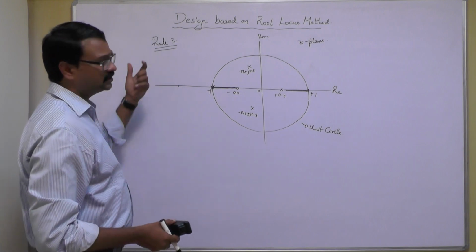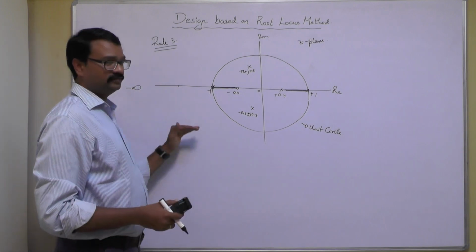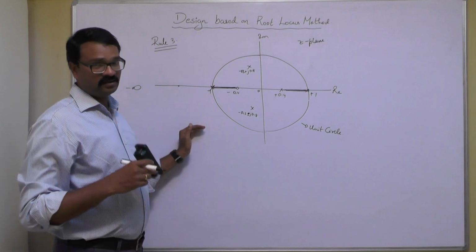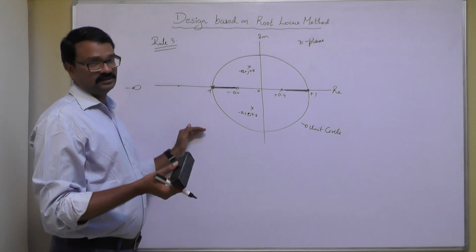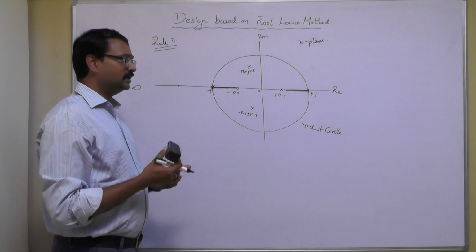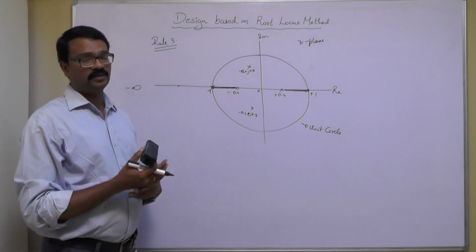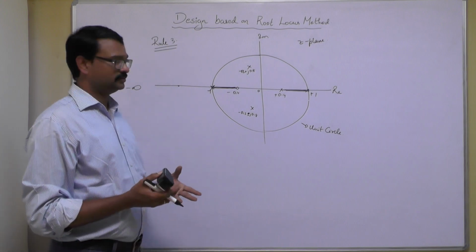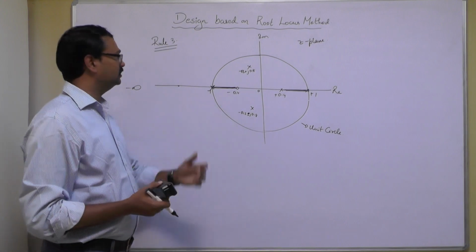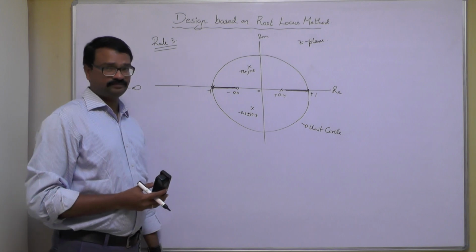So Rule 3 states that the portion of the real axis lying on the root locus is determined by any test point to the right of which there is an odd number of poles and zeros.